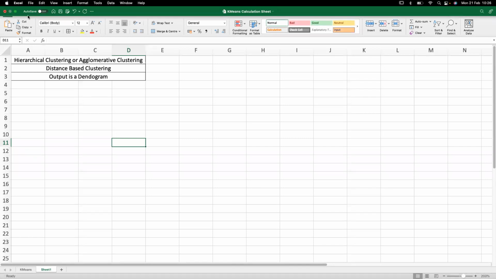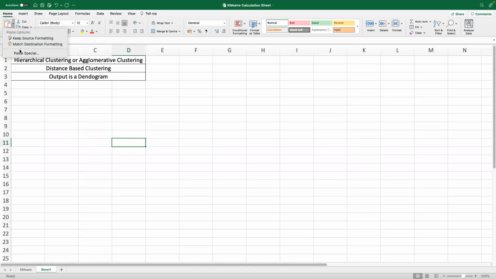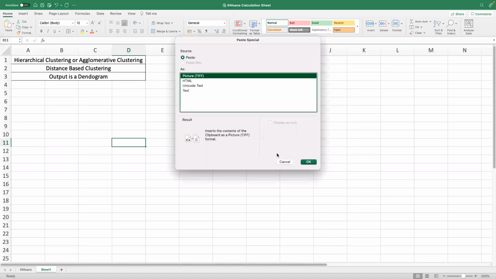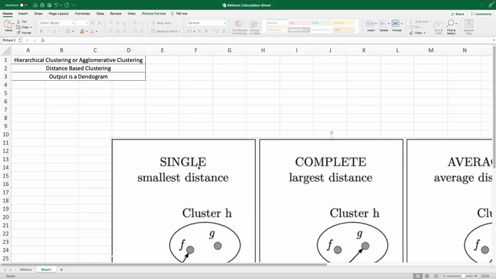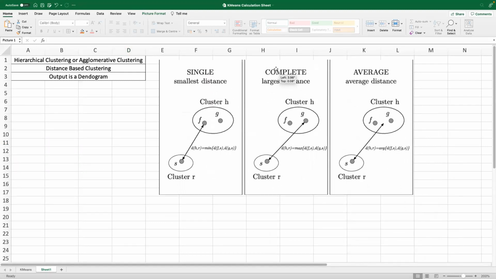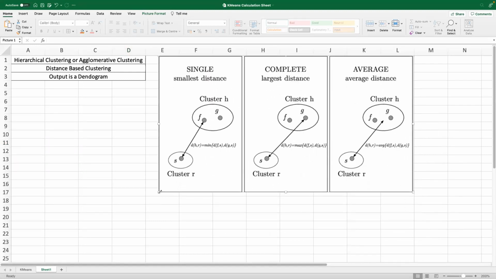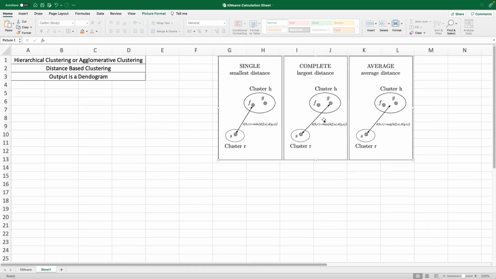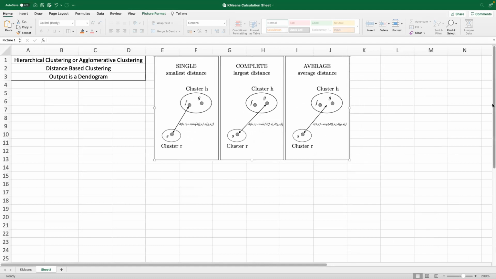Now, this is very important. They'll ask in interviews also, what is the difference between a single method and a complete method? Single linkage method uses the minimum distance between two clusters, the smallest distance between two clusters.